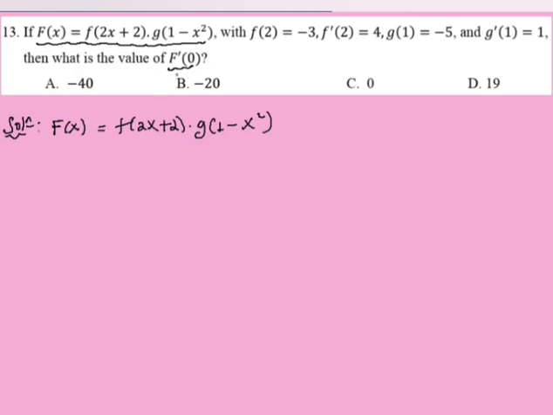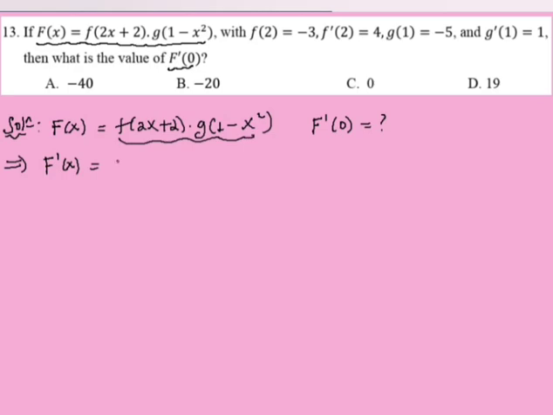So to get this result, the derivative of F at 0, we need to first determine the derivative of the function. So the derivative of the function at x is the same as the derivative of this product.